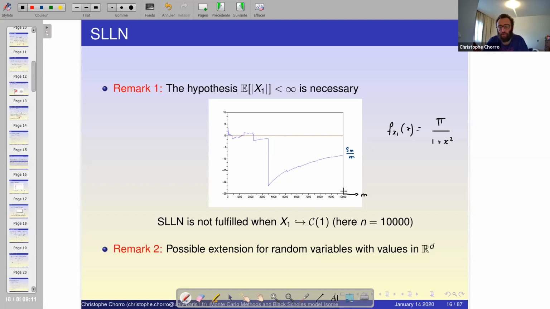If you continue this graph, you have something that is near 0, then something that happens like this; then you increase, and it may seem not very far from 0, and then another change. It was just a basic remark to say that if I want to apply the strong law of large numbers, I need an expectation that is well defined for sure.